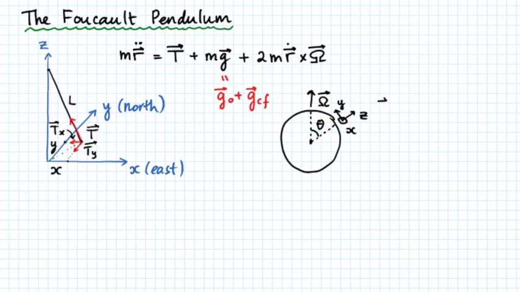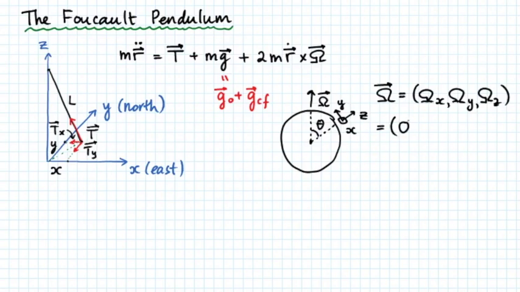Then we can write angular velocity omega in terms of the three components, omega x, omega y, omega z, to be equal to: the x component is 0, there's no x component.